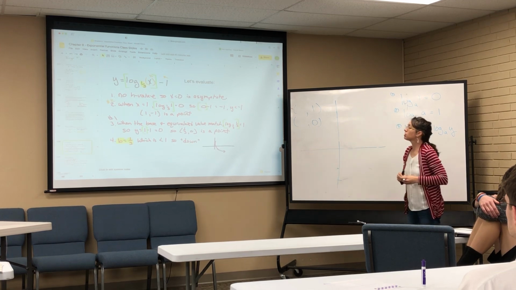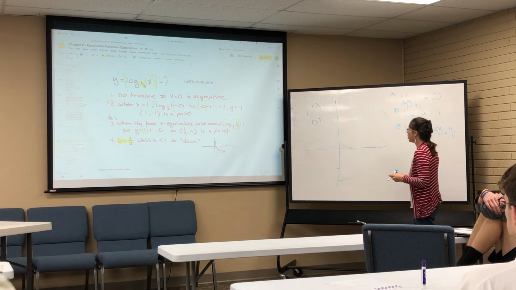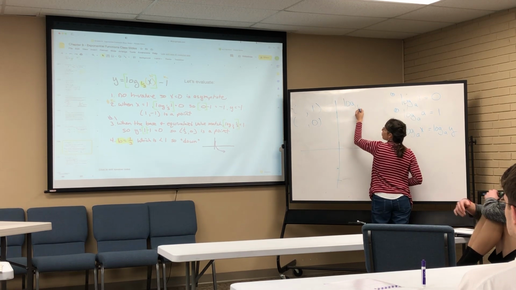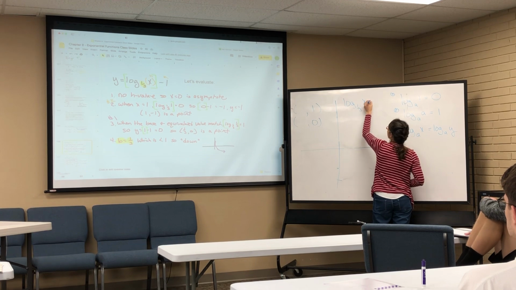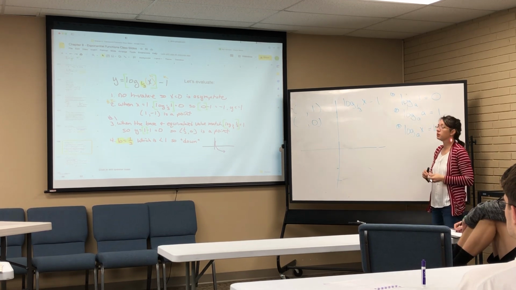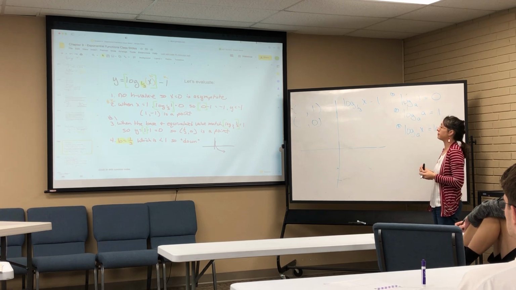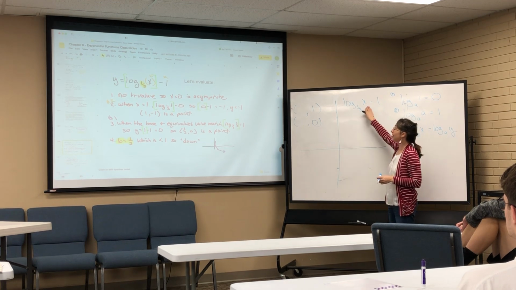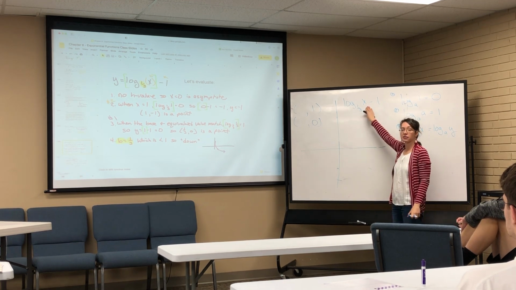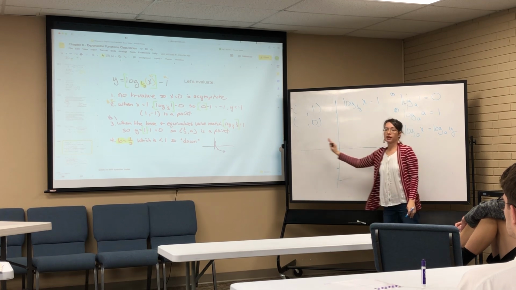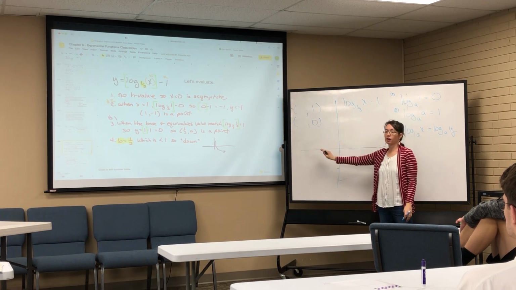So let's look at this one. We start with log, our base is 1/3 x minus 1. Okay, so this has a couple of different things in it that we're going to look at first. We have nothing added to our x value. So has our graph shifted left to right along the x-axis?